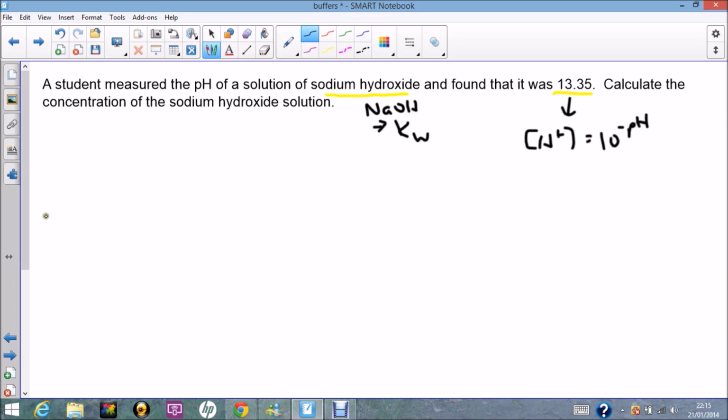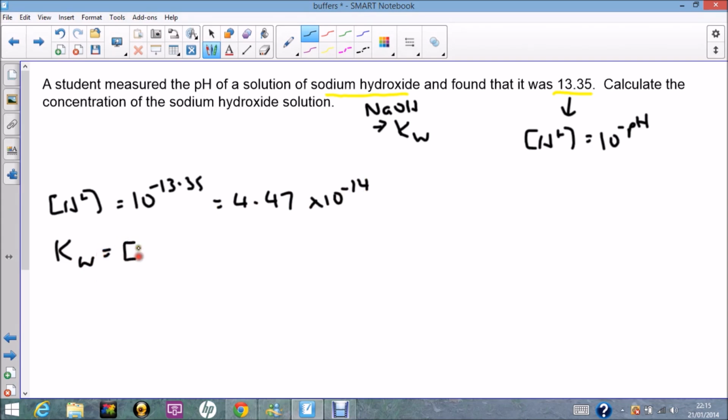So the first thing we're going to do is find the H plus concentration. So I'm going to do 10 to the minus 13.35. This gives us a concentration of 4.47 times 10 to the minus 14. Then we're going to look at our Kw expression.